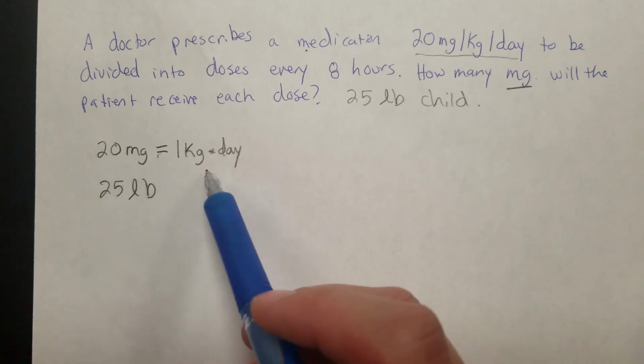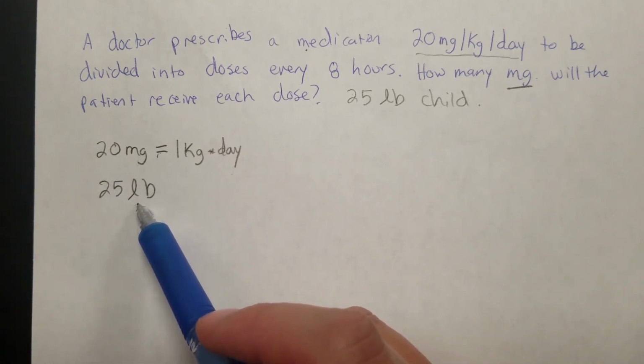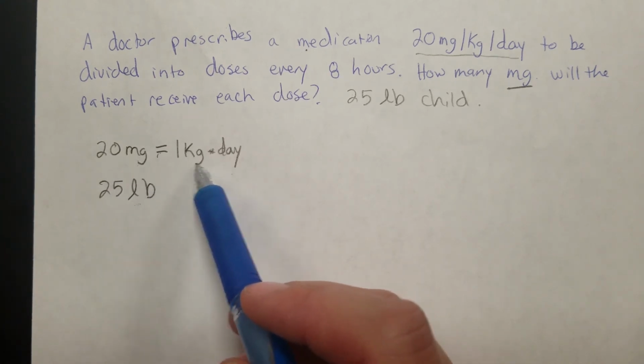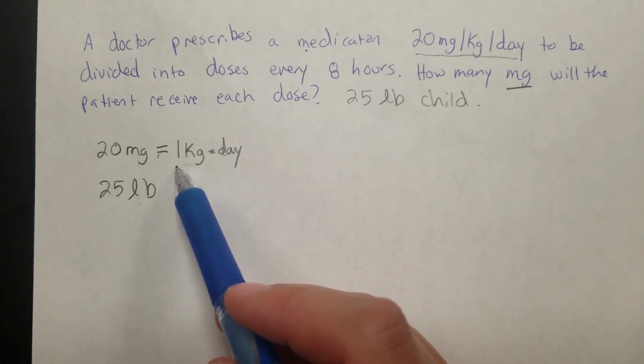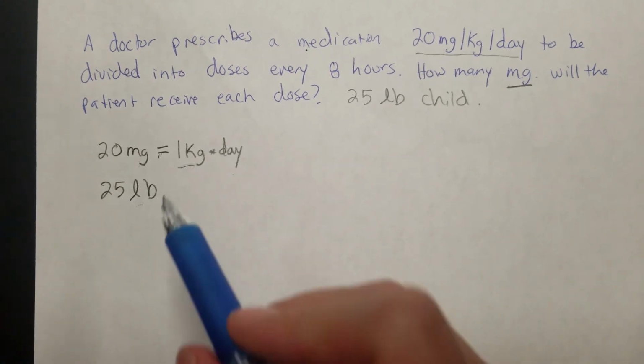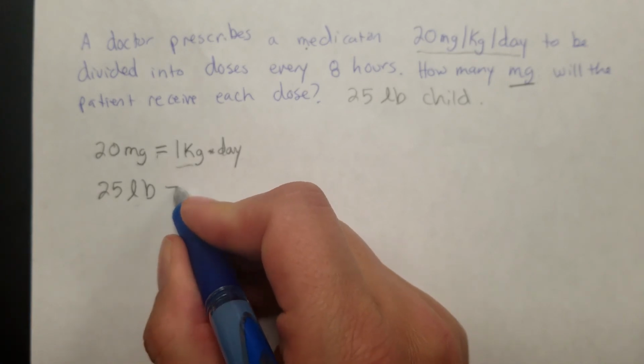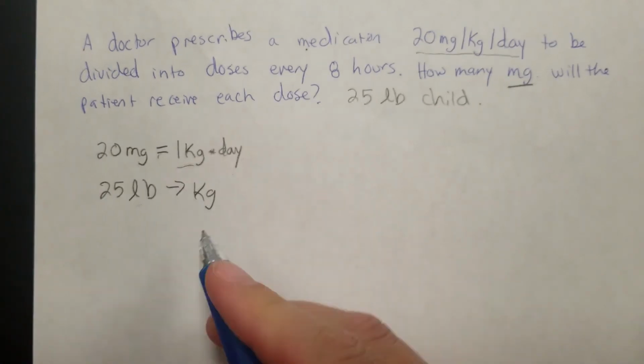Well, in order to use this conversion factor, the dosage is giving it to us in kilograms, but the child's weight isn't in kilograms. So we are going to need to convert to kilograms first.